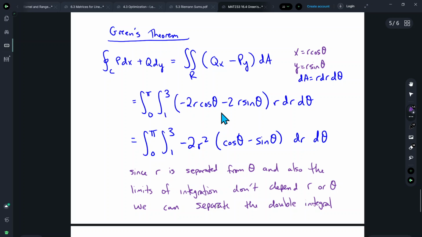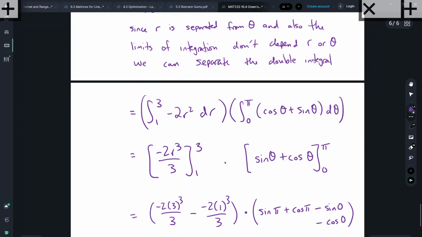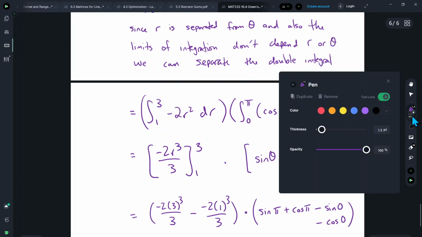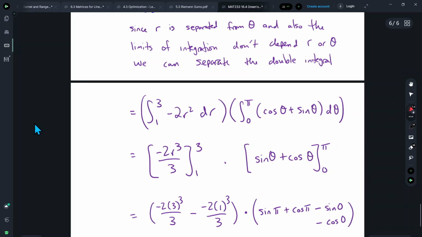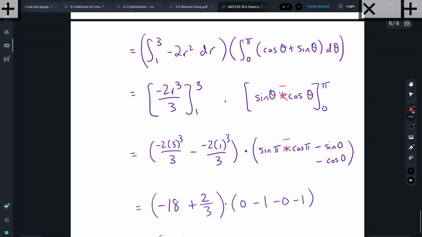So when I factored it out, this should have been a plus here. Okay, so let's fix that. This should have been a plus here, so that when you take the antiderivative of sine, this should be a minus. That should be a minus. And then minus minus, this should be a plus.